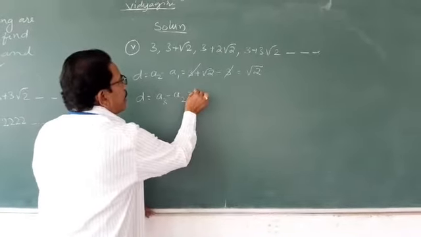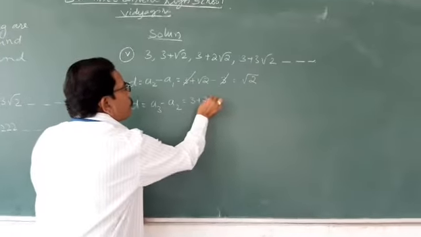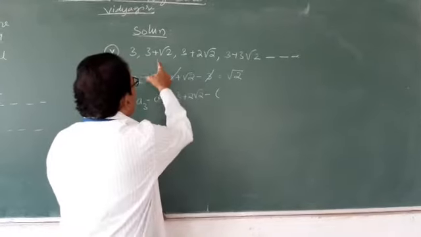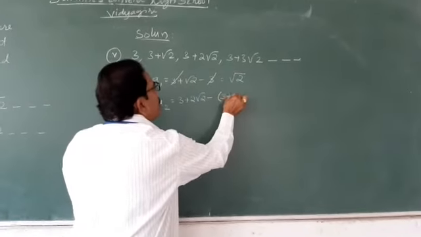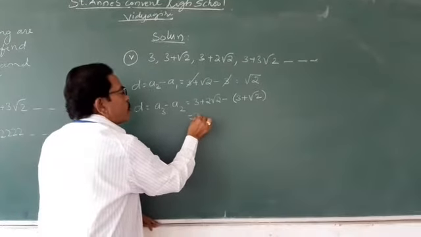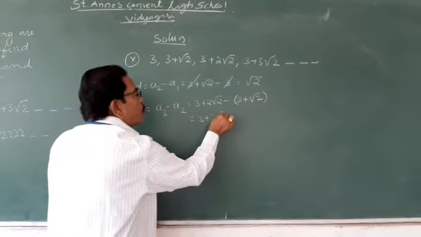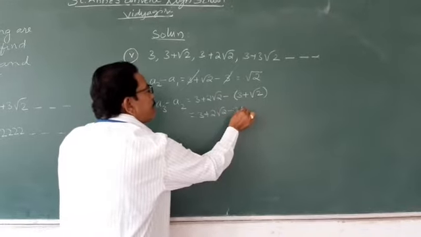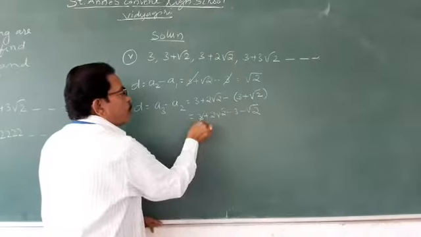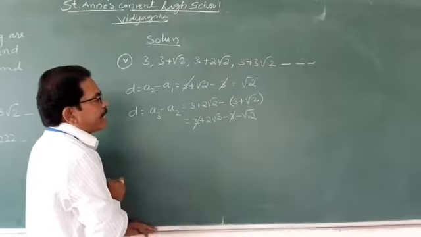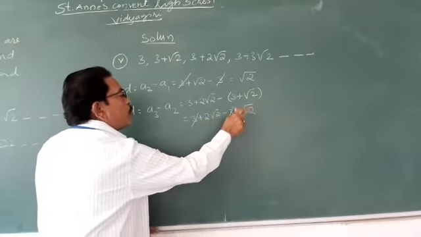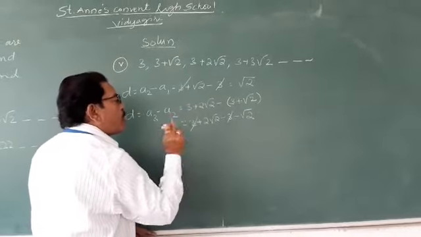That is a3, 3 plus 2 root 2, minus a2, 3 plus root 2. That equals 3 plus 2 root 2 minus 3 minus root 2. Plus 3 minus 3 gets cancelled. Then see, 2 root 2 minus 1 root 2. How many roots remaining? 1 root 2 remaining.